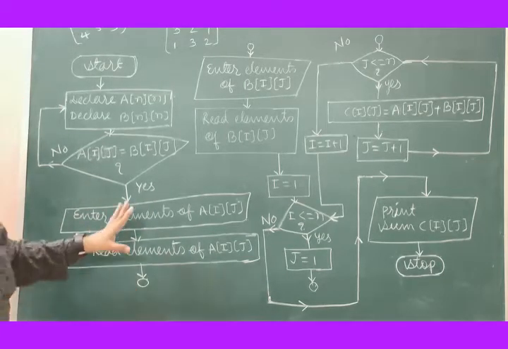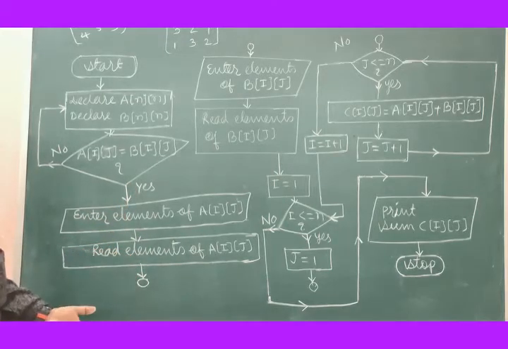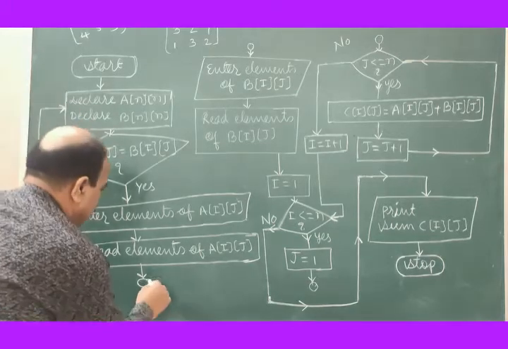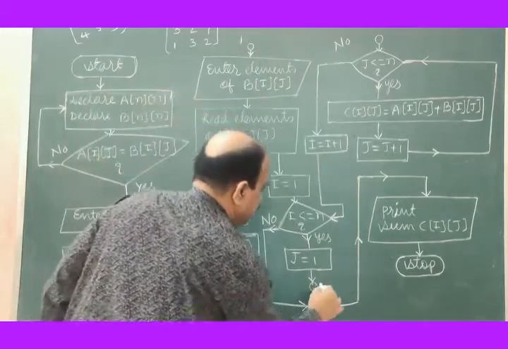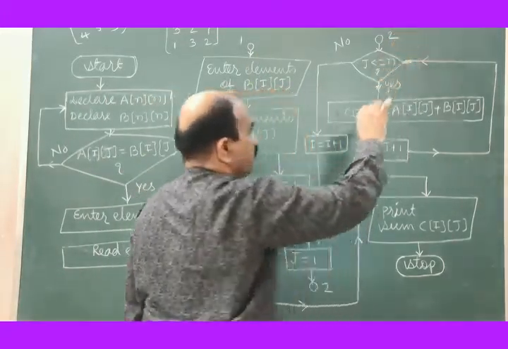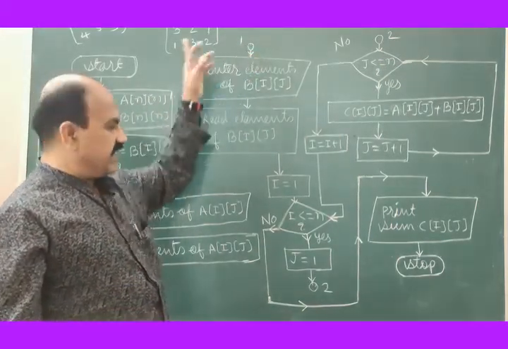Connector. This flowchart is large, so we need connector. I may call this as connector 1, connector 2. This one connector is to be connected at this one connector.